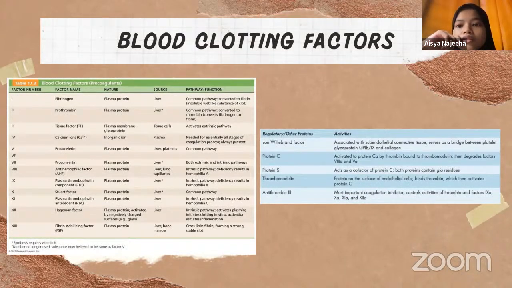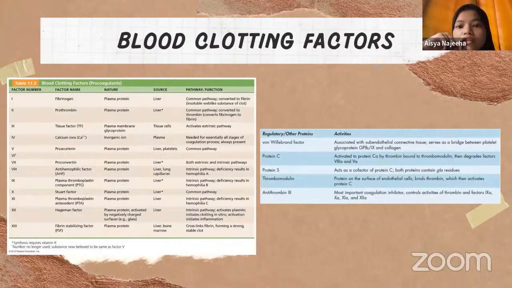Its nature is plasma protein, and it is from liver and platelets. It is involved in the common pathway. Next is proconvertin. Same as the previous, its nature is plasma protein and it will be found in the liver. It happens in both the extrinsic and intrinsic pathways.